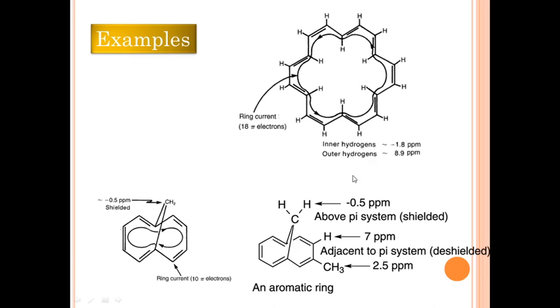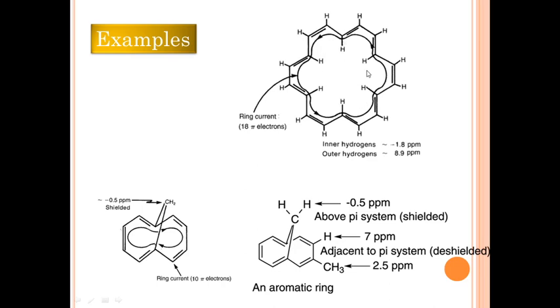Now look at some more examples. This is the example of annulene. It has two types of protons, inner 6 protons and outer 12 protons. And due to those pi bonds, there is generation of ring current, which results in the formation of induced magnetic field, and that induced magnetic field is opposed to the applied field in the center of this ring.